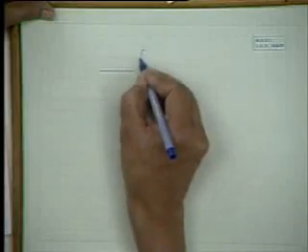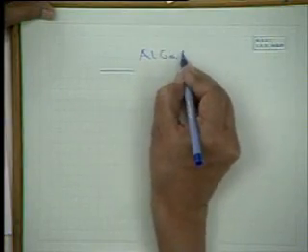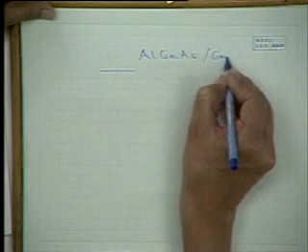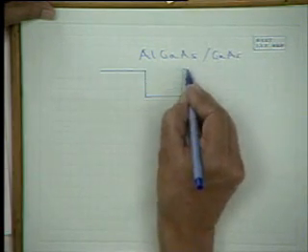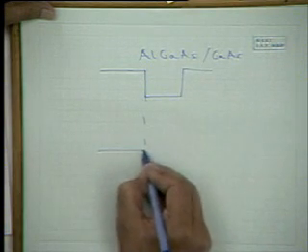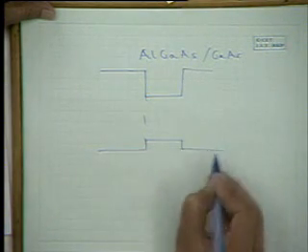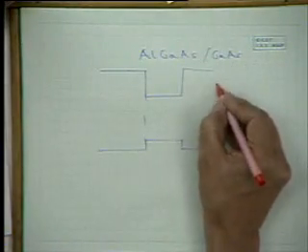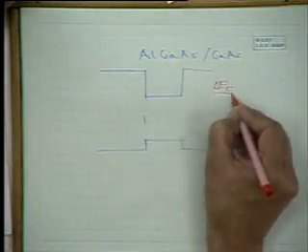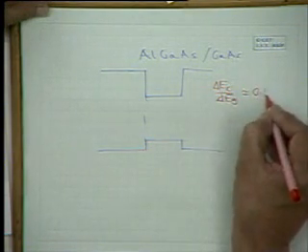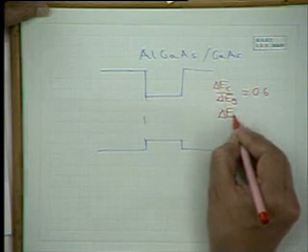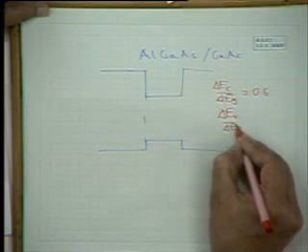If you have the GaAs-AlGaAs system, these are the two most well-known systems, then you draw the diagram like this. Delta EC by delta EG is typically, earlier they used to think it was, now it's about 0.6, and delta EV by delta EG is obviously 0.4.